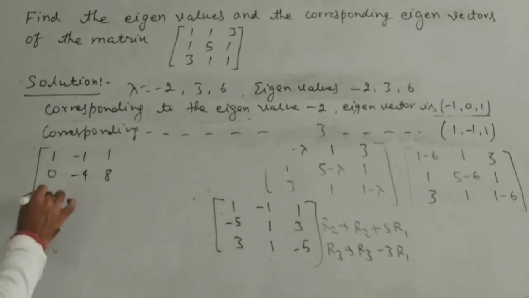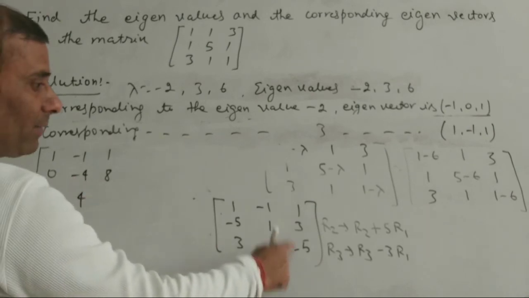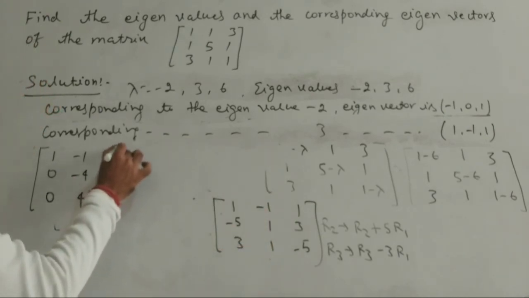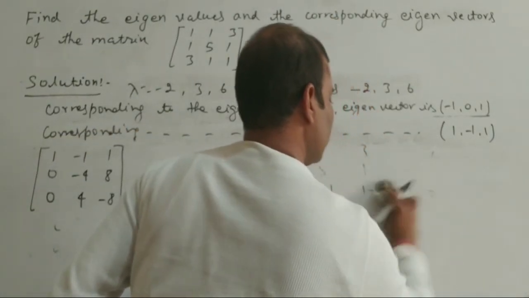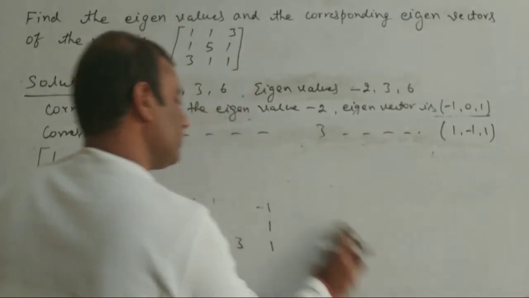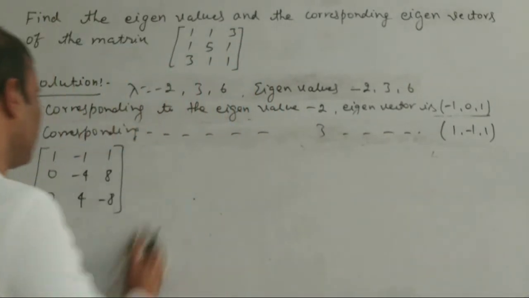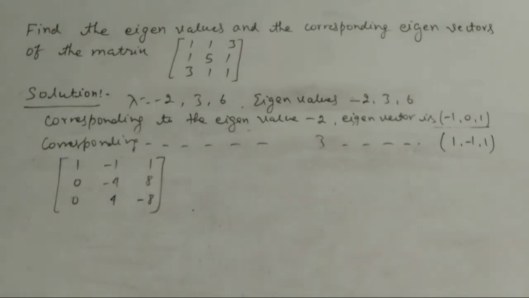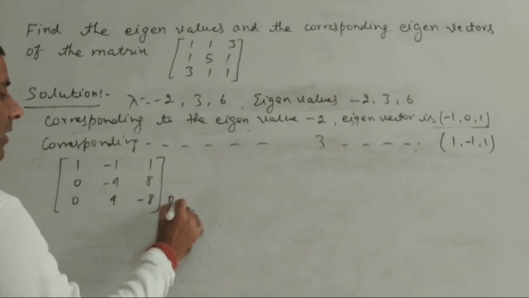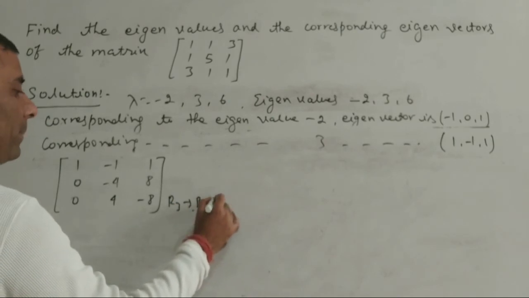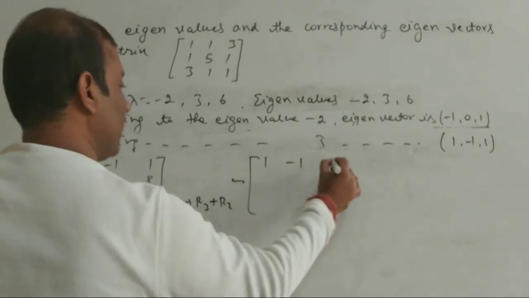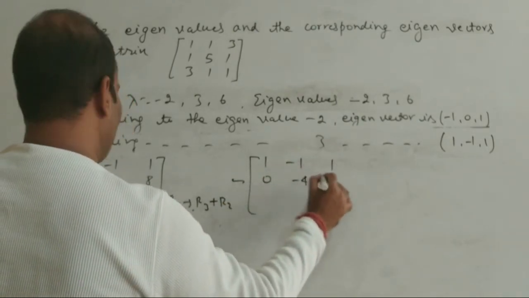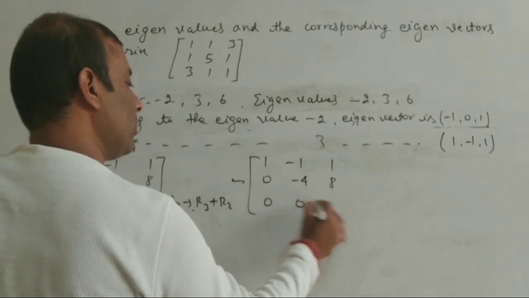Now R3 goes to R3 plus R2, then it becomes 1, minus 1, 1; 0, minus 4, 8; and 0, 0, 0.